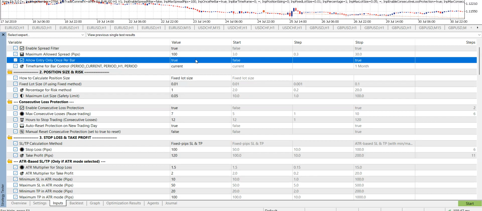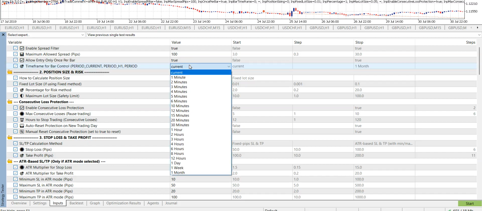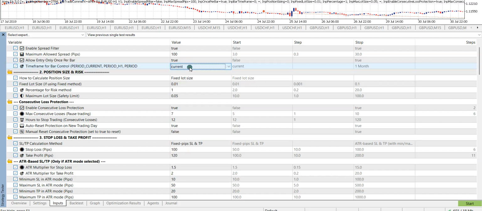So it can close the previous trades, but it can only open one additional trade on that specific bar candle. Now it is on the current one, but you can use any, and it is very, very useful.